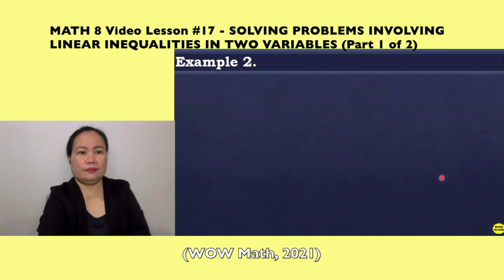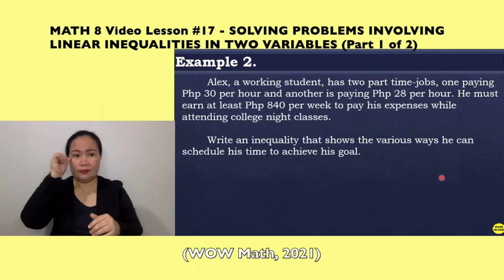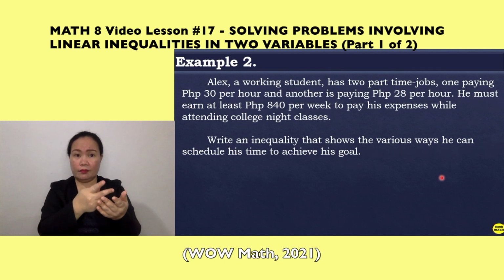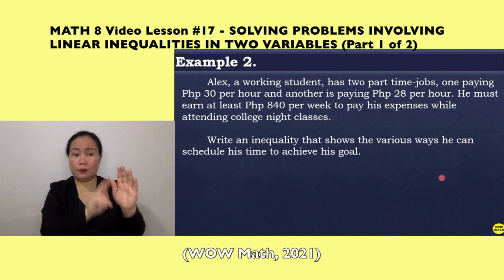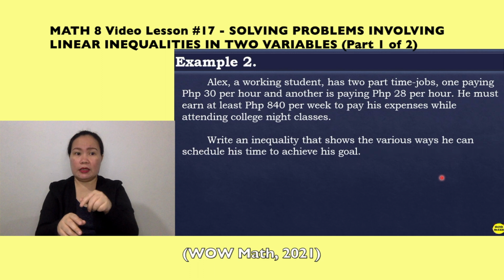Okay, let's have this one. Alex, a working student, has two part-time jobs. So, yung isa paying 30 pesos per hour and another is paying 28 pesos per hour. He must earn at least 840 pesos per week to pay his expenses while attending college night classes.